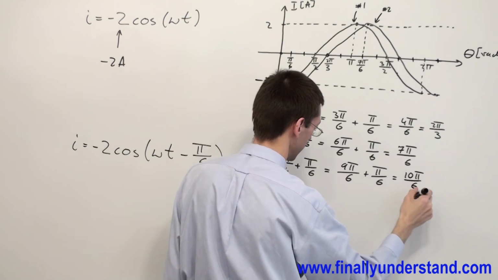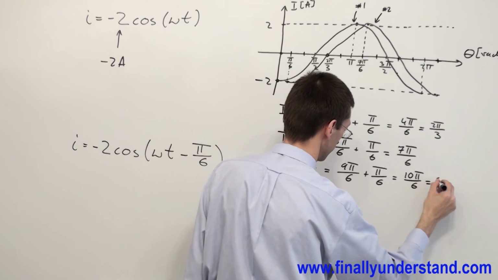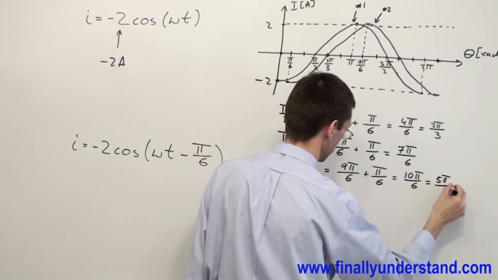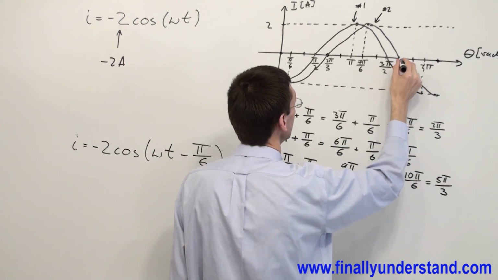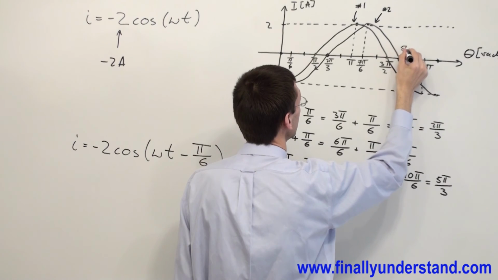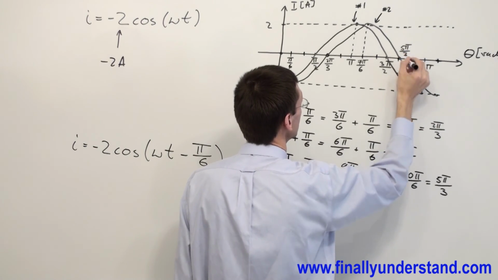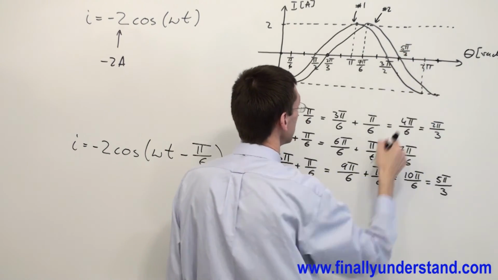Reduce the fraction by 2 and you are going to have 5 pi over 3. So this point is 5 pi over 3.